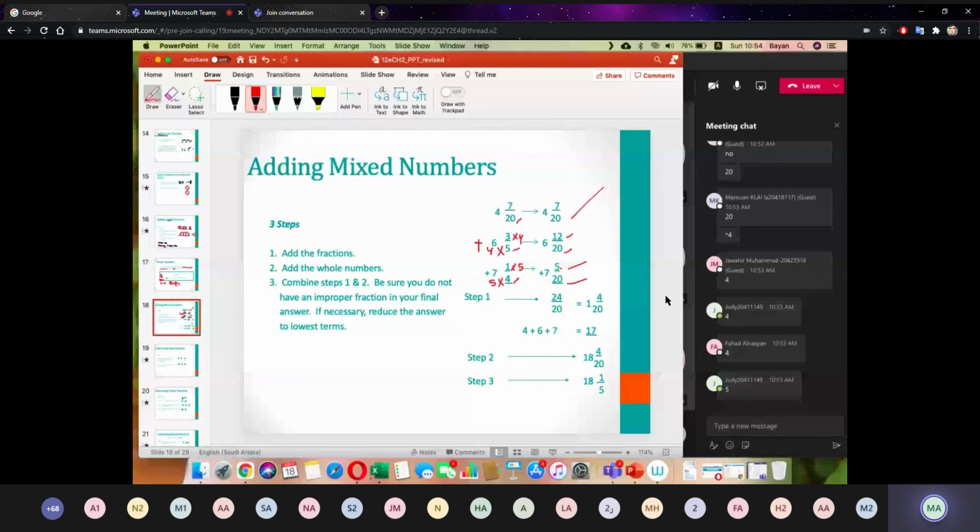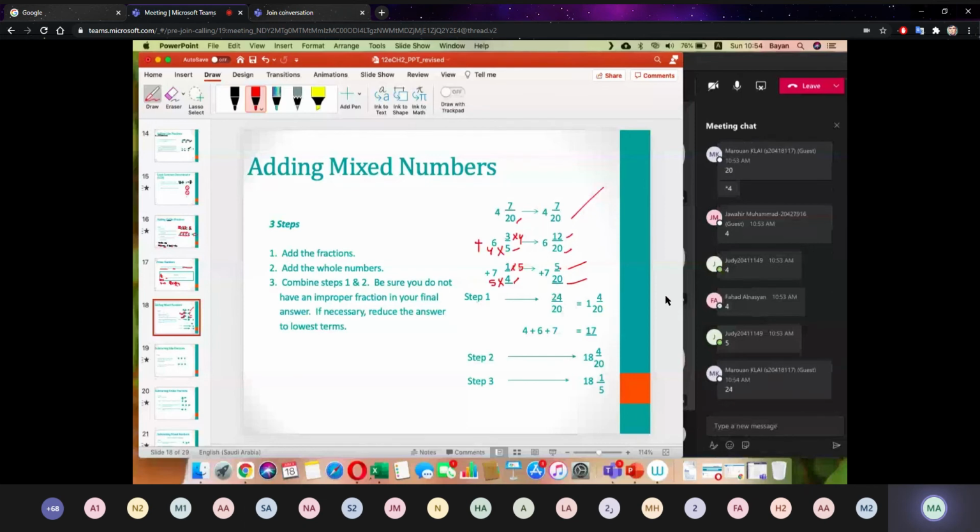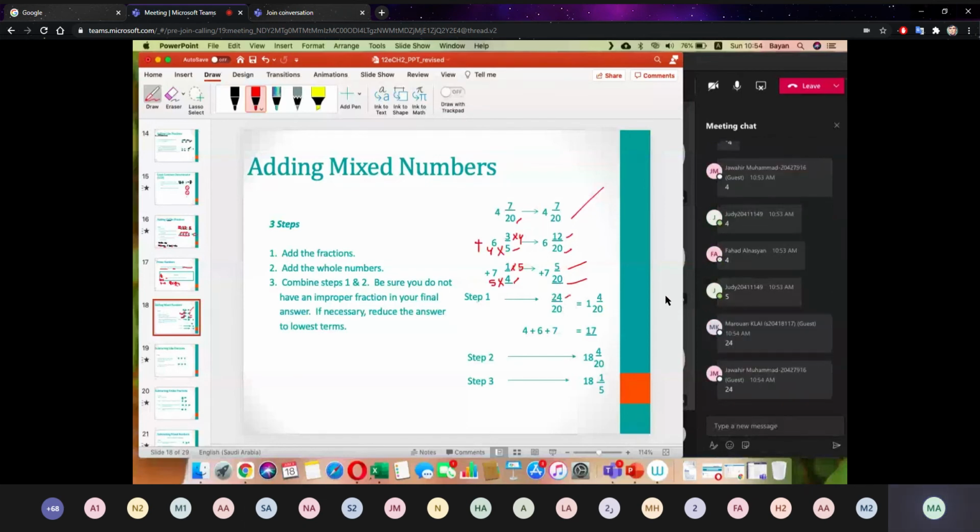Then we can add the values. Now we can add the values. 7 plus 12 plus 5 will give you 24 over 20. Right, we have 24 over 20.